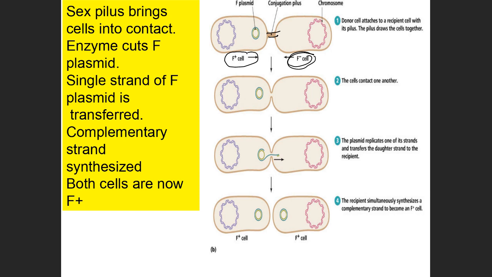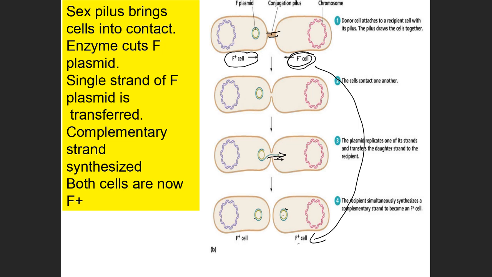Once that happens, a single-stranded piece of the plasmid begins to be transferred to the new cell. The recipient cell creates the second strand, so now we have again double-stranded DNA. Both cells end up with double-stranded copies of the F plasmid, and now both cells are F plus. So the F minus was transformed into an F plus.